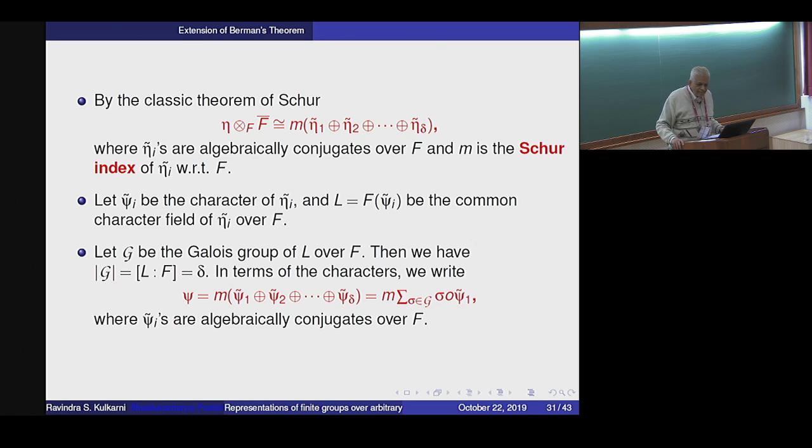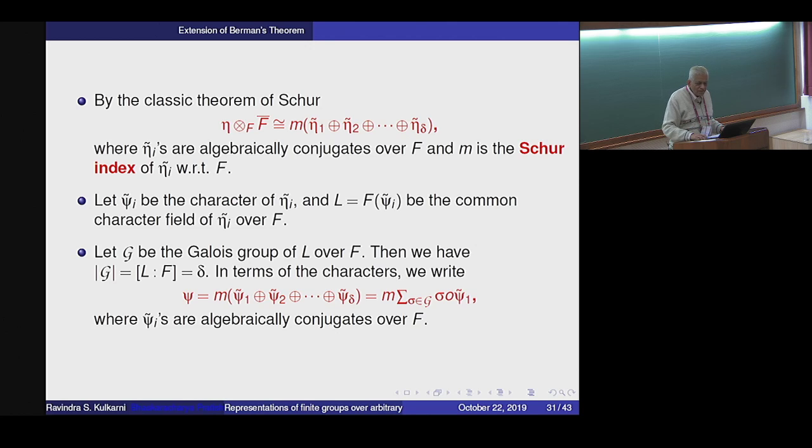Let psi I tilde be the character of eta I tilde, and L be F adjoined with the character values of psi I tilde. This is the common character field of all these eta I tilde over F. And let G be the Galois group of L over F.